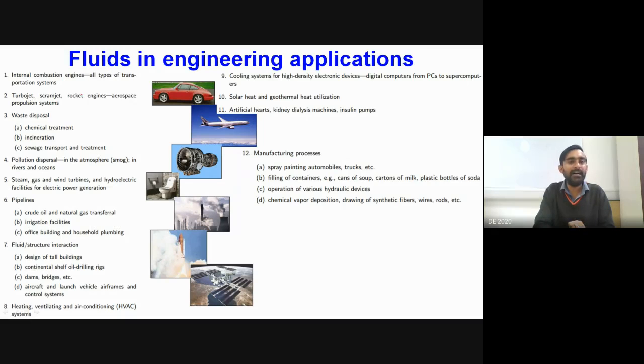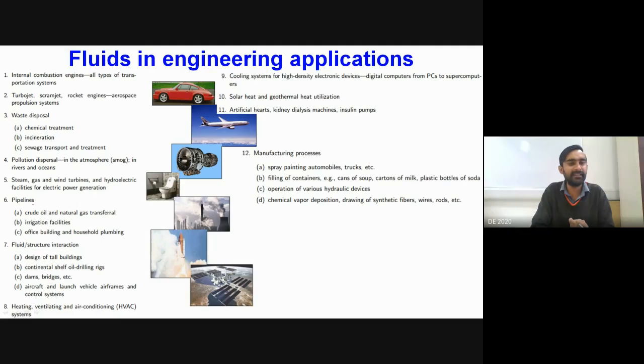Then in our aeroplanes, turbojet engines are there. Water disposal systems, for example chemical treatment plants, sewage treatment plants, then pollution dispersion. From the power plants, we have long chimneys from where exhaust gases enter the surroundings. Then we have steam turbines and gas turbines, from where we get electricity, which we use in our homes, offices, and industrial systems.